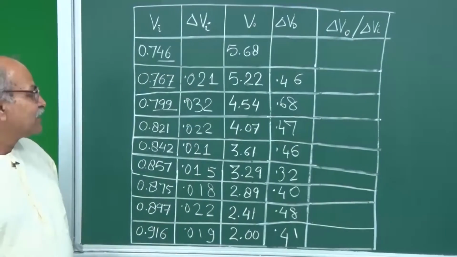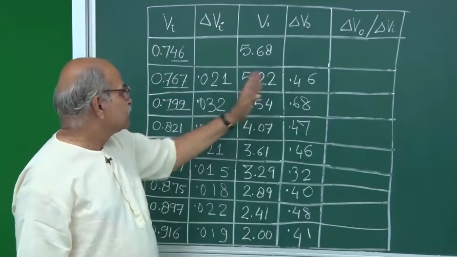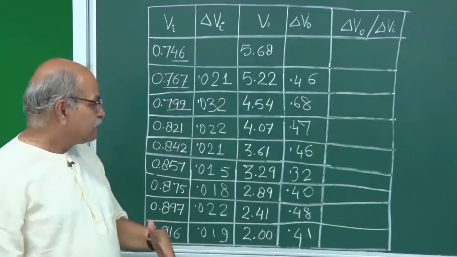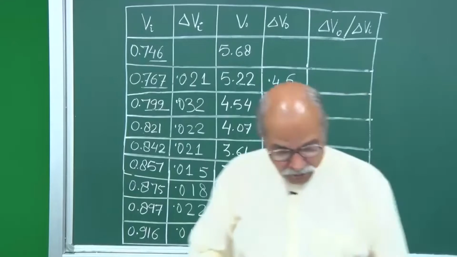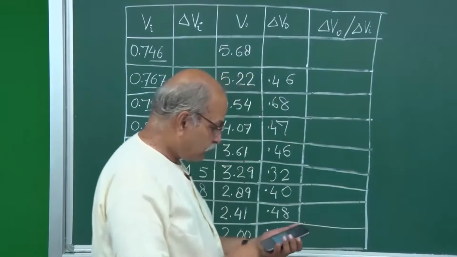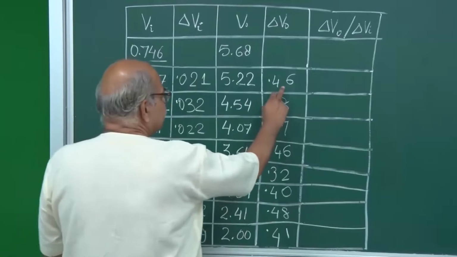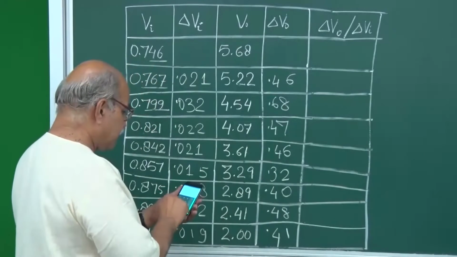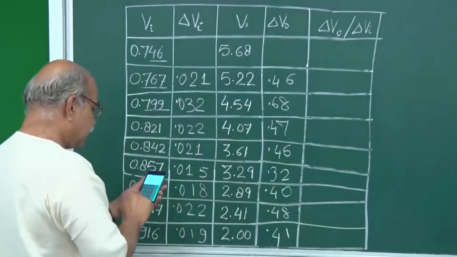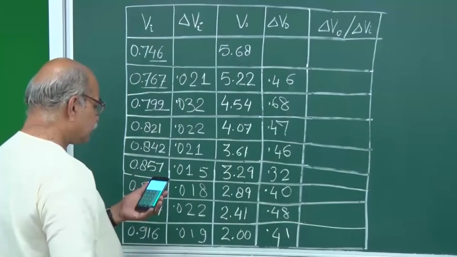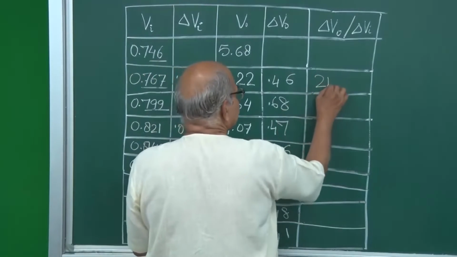Now I have to take the ratio, delta VO divided by delta VI. So this divided by this. Let me take my calculator and do the calculations. Alright, so 0.46 divided by 0.021 is 21.9.